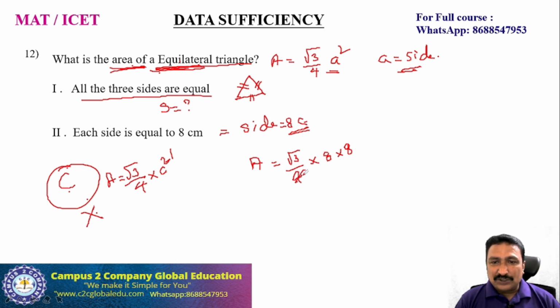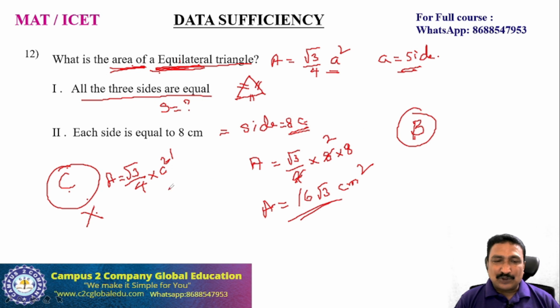So 4 goes into 8 two times, 2 times 8 is 16. So 16 root 3 centimeter square. So from the second statement, we are saying directly the area of the equilateral triangle is equal to 16 root 3 centimeter square. So the answer is option B. But some students will keep the answer as C, which is wrong. Why? Because they will combine both the statements.